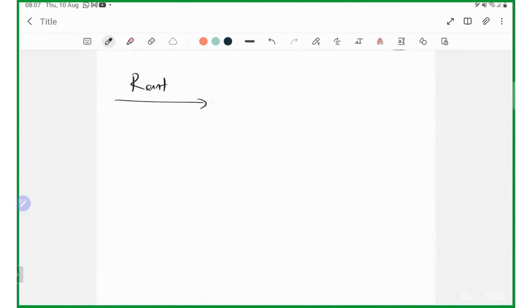So regarding the rent, I told you the relevant withholding tax rate is 10% for a resident. Don't worry about the non-resident. For non-resident it should be 14%, but the non-resident will not be tested in your time, right? Because non-resident taxation is not under your syllabus. So only resident taxation.